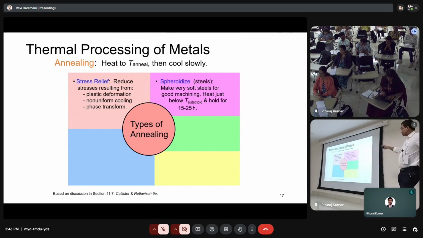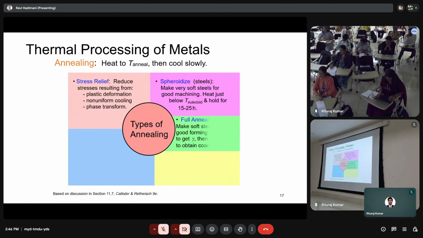By doing that, you change the morphology or the microstructure of the steel, and that is spheroidize. Basically, you are introducing a lot of spherical microstructures in the steel.